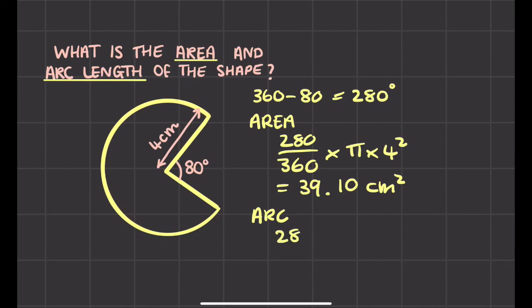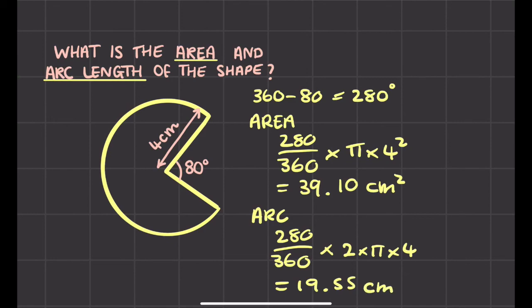I've got 280 out of 360 degrees. Now I'm timesing it by 2 times pi times r, which is 4. So that gives me 19.55 centimeters. Okay, so that will be the arc length.